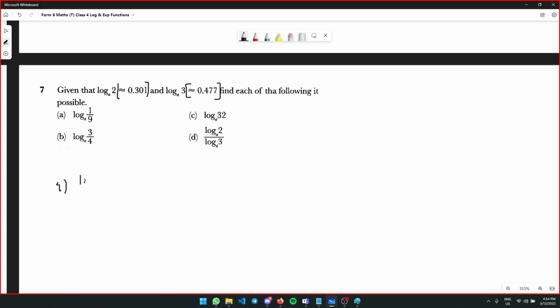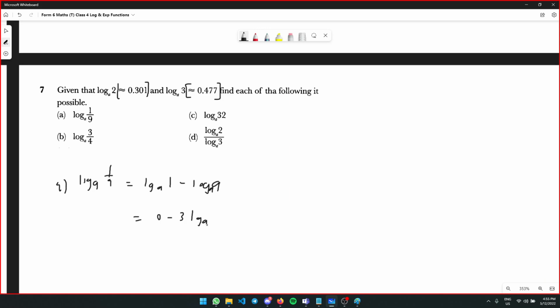It says log base a of y over 3, 1 over 9, which is the same as log base a of 1 minus 2 minus log 3, log base a of 3. Then I can say log base a of 1 is just 0. Then take out the 3.